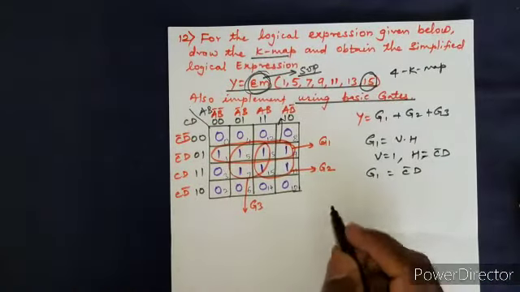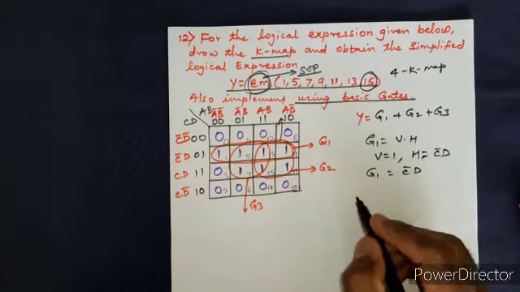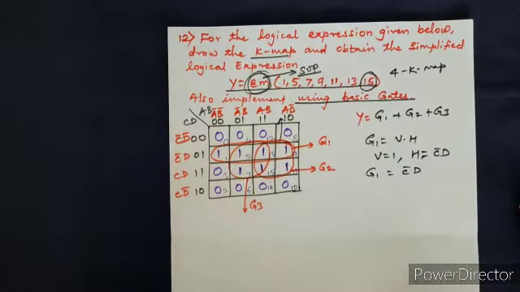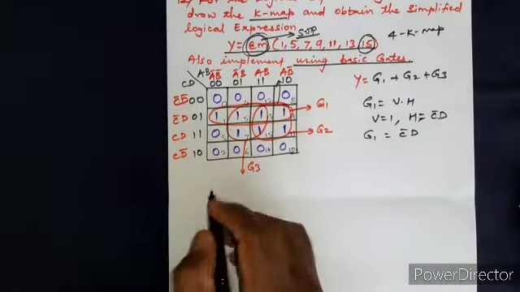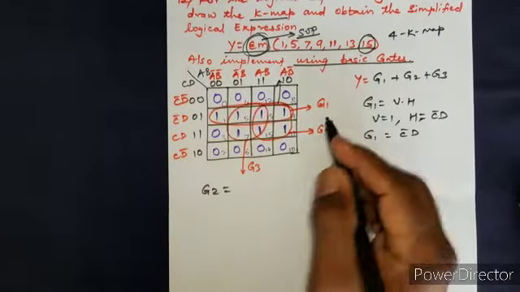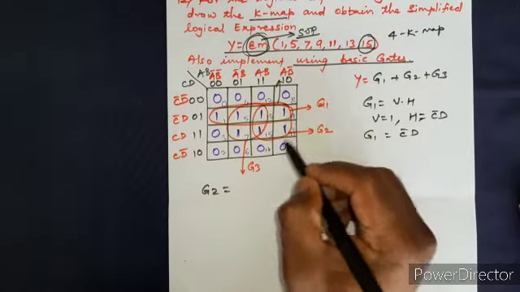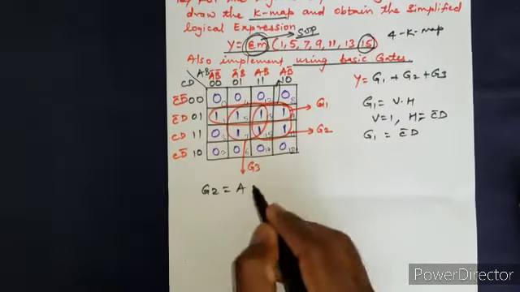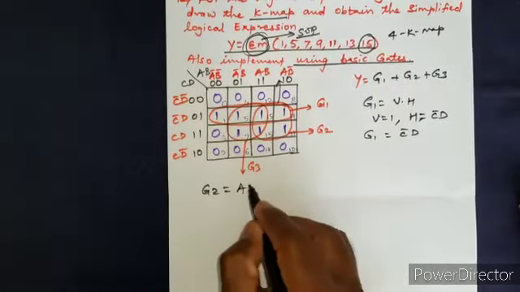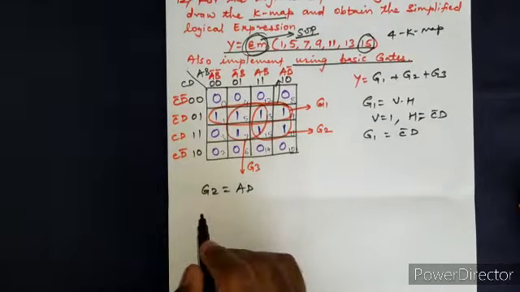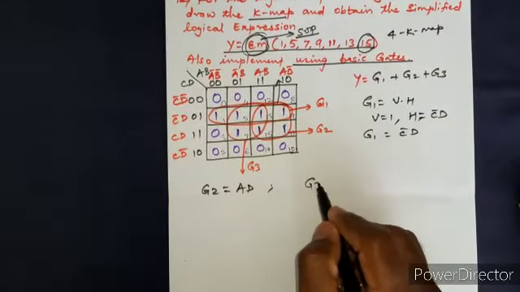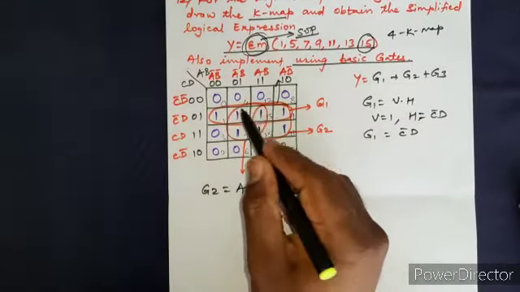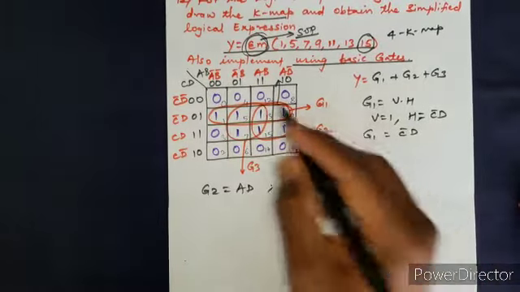Okay, then my group 2, so I can write here group 2. If you see, this is our group 2. So vertically I can go for A and horizontally it is D, right? And then if I go for group 3, this becomes B, right?